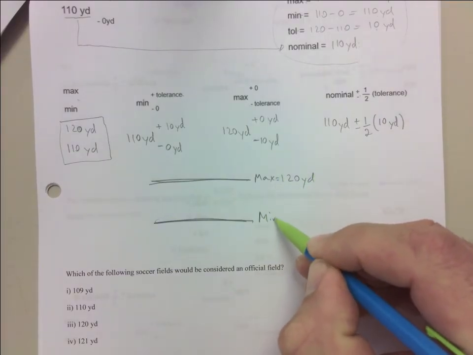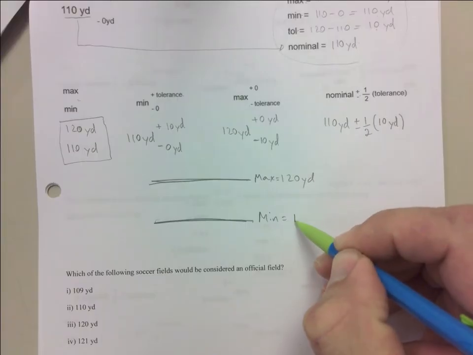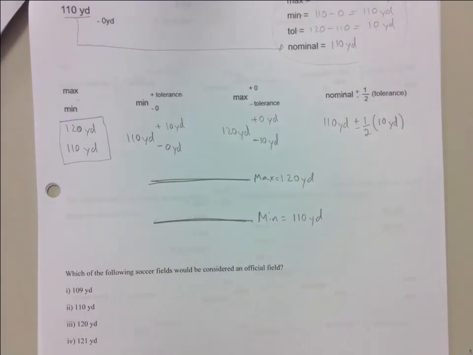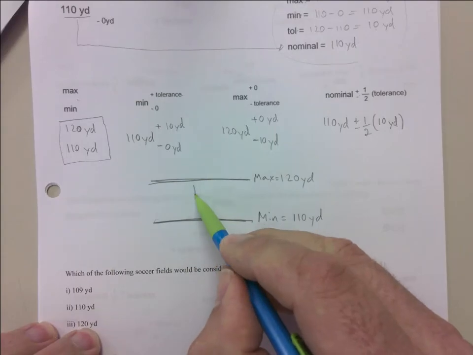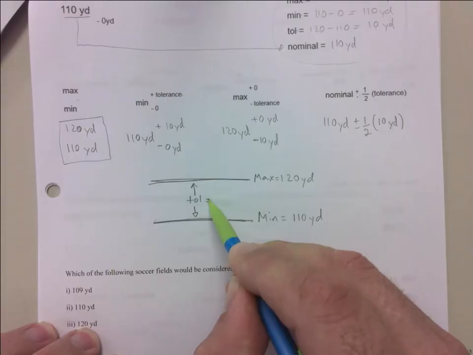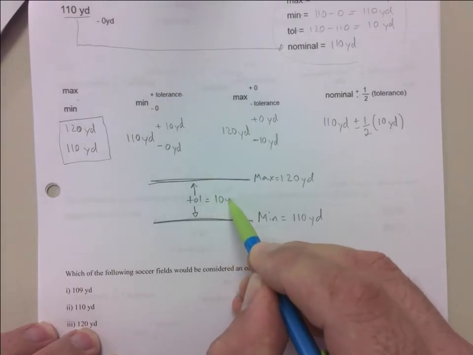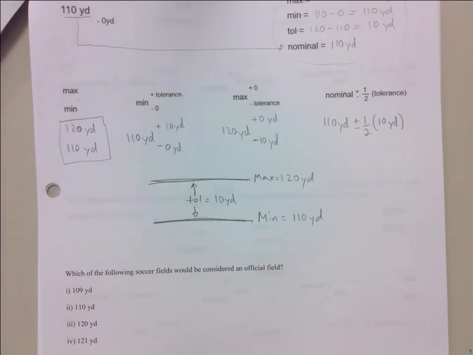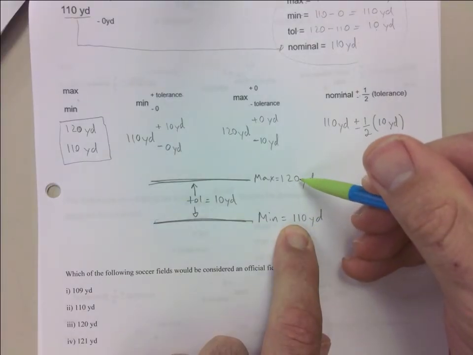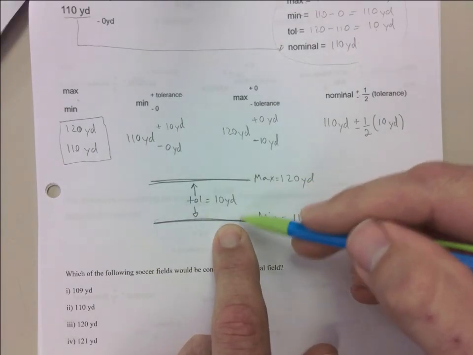It tells us that the lowest is 110 yards, like the shortest the field is able to be is 110. And what's the distance in between? Like, what's my tolerance here? We figured out that it is 10 yards, right? There's a tolerance of 10 yards. You could be off by 10 yards, but no less than 110, no more than 120. Anything in between is acceptable.